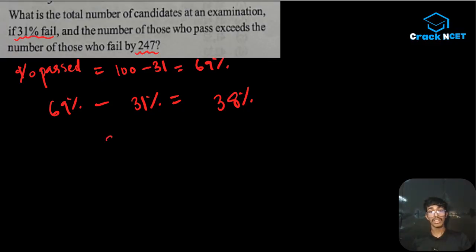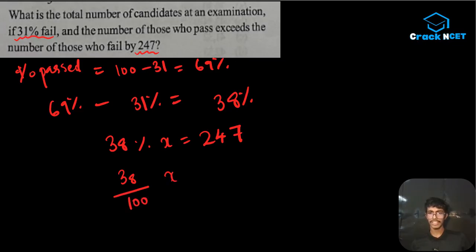So 38 percentage of the value is given over here. 247 is given. So what will be the value of x? 38 percentage means 38 by 100 of x, which is equal to 247.